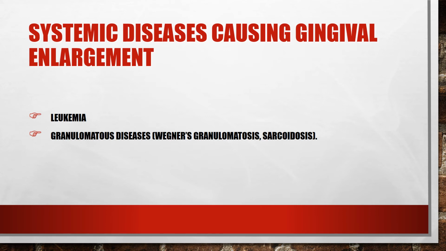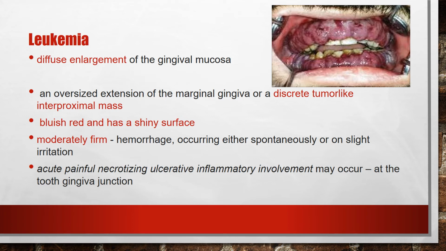Then coming to the leukemia associated gingival enlargement, it is mostly seen as diffuse enlargement of the gingival mucosa. You can see in this picture that it involves the marginal gingiva, interdental gingiva as well as the attached gingiva as a huge mass. This is an oversized extension of the marginal gingiva or a discrete tumor-like interproximal mass.